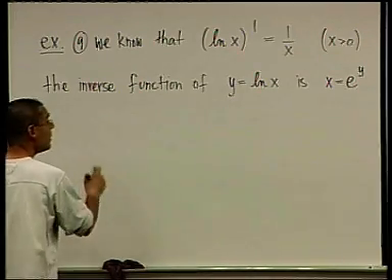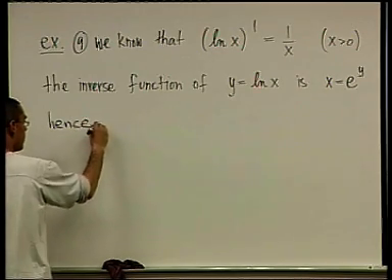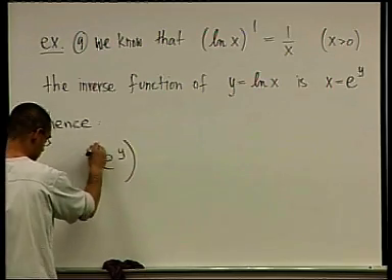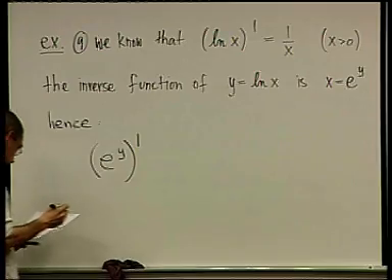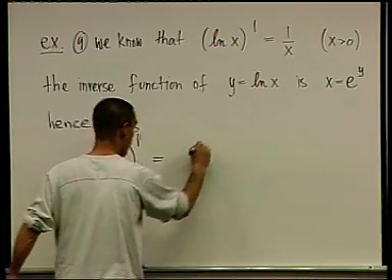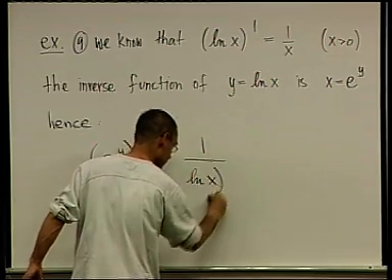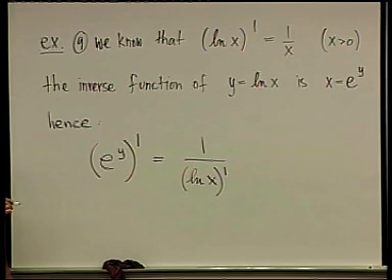So what's the derivative? Hence, e to the y prime is what? 1 over ln of x prime. That's what that formula tells us. Do you agree? e to the y prime is 1 over the original function prime.